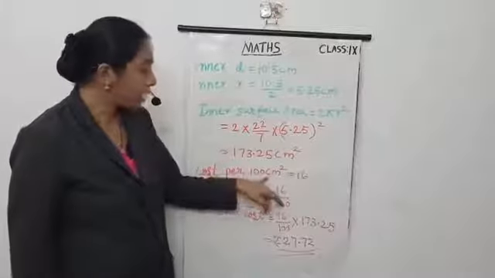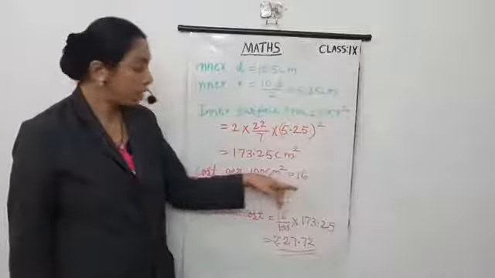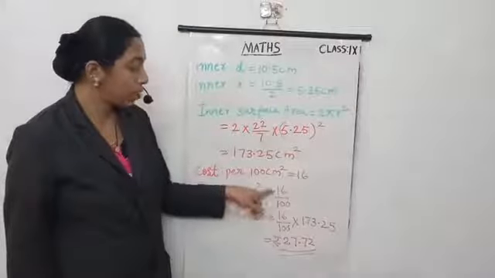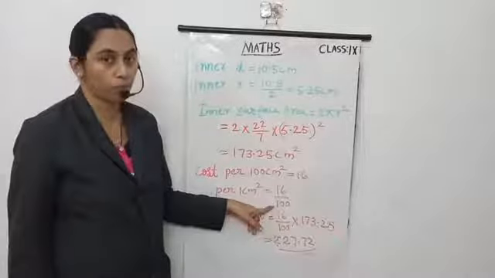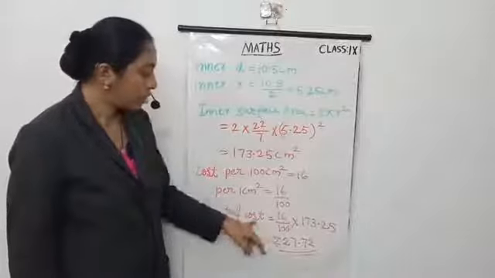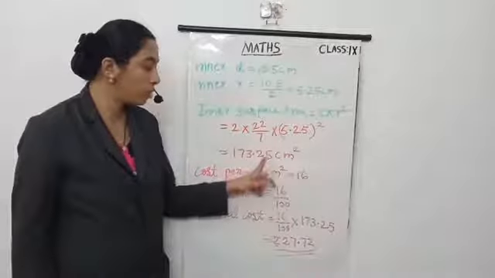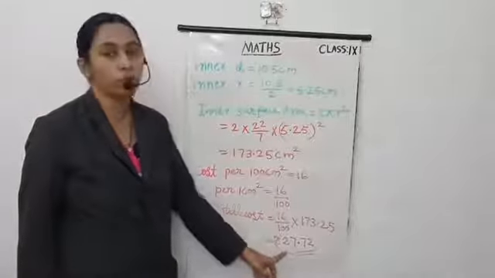Given per 100 centimeter square 16, then for 1 centimeter square 16/100 rupees. Okay. Now total cost is 16/100 into this surface area. We get rupees 27.72.